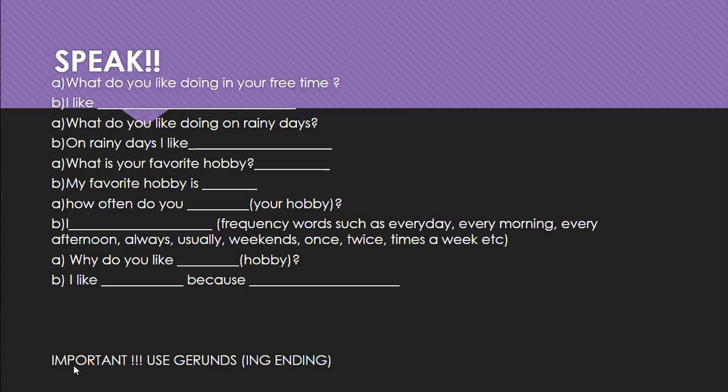And here we use frequency words such as every day, every morning, every afternoon, always, usually, weekends, once, twice, and all those things. For example, I sing my favorite songs every morning when I am taking my shower.